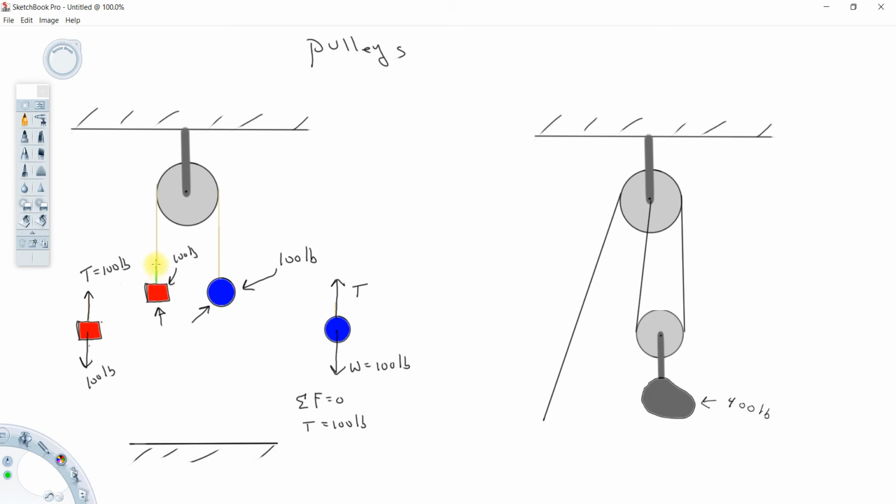So this is a single rope, string, chain, whatever you want to say, down to here. And there is only one tension, T. And as long as the pulley is well oiled, somebody's been doing their job and oiled it, that tension would be good on both sides, here or here.